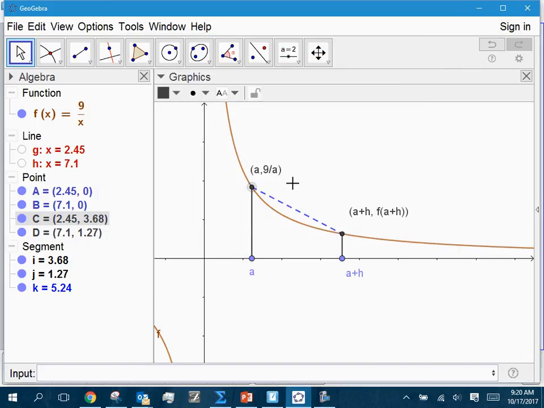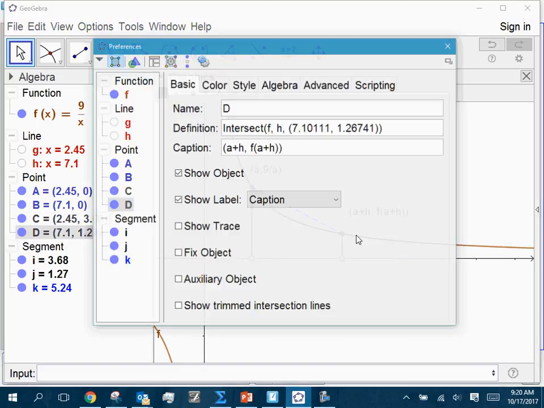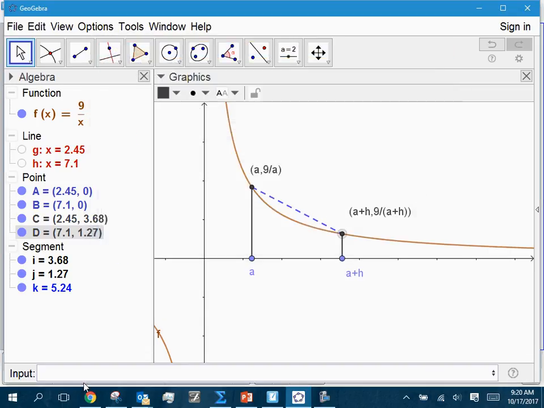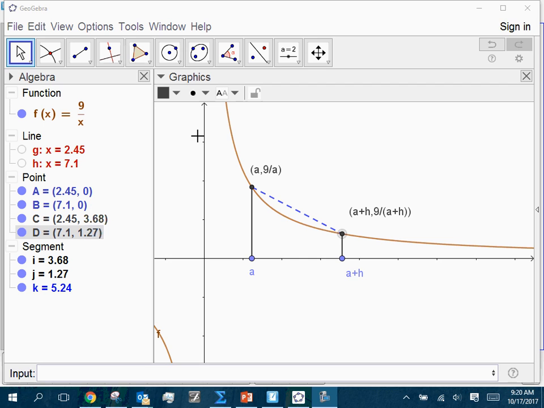Does that kind of make sense? We just take the x value and evaluate it in the function. Now over here, that point is going to be a plus h plugged into 9 over x, so I get 9 divided by a plus h. Okay, so I'm going to cut that out and use that instead.